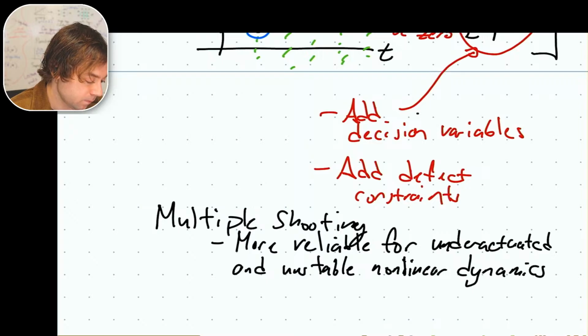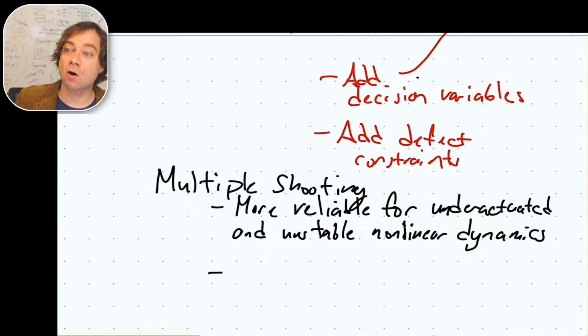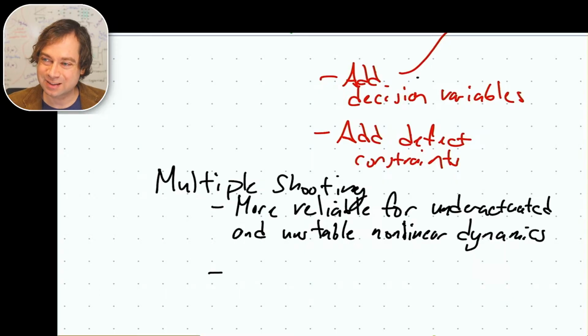The downside is we've added all of these extra decision variables, so it can take longer to solve.